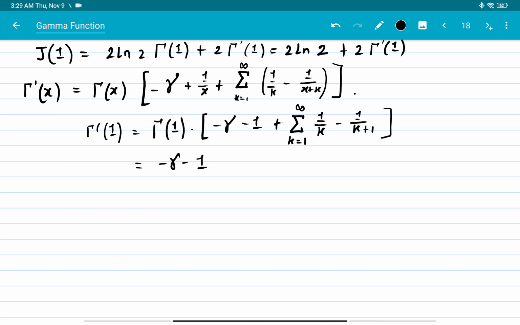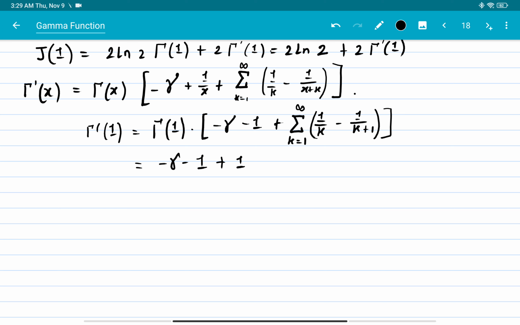If we expand this entire series here, you can see that this is a telescoping series. So minus 1, so it will be plus 1.